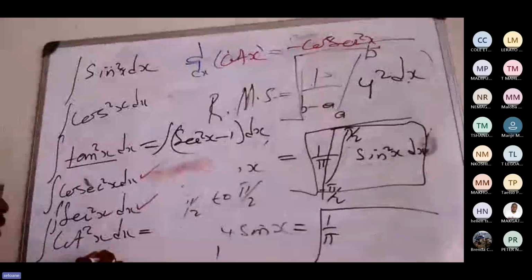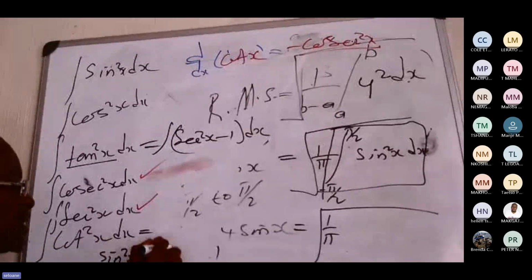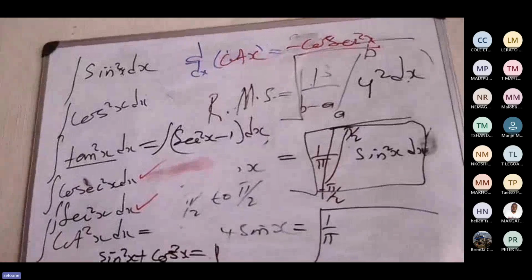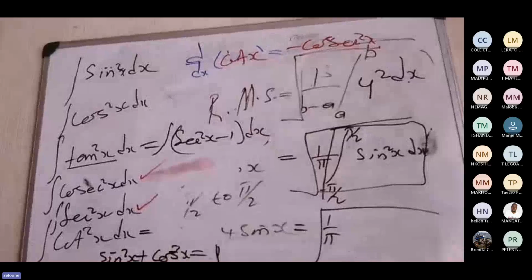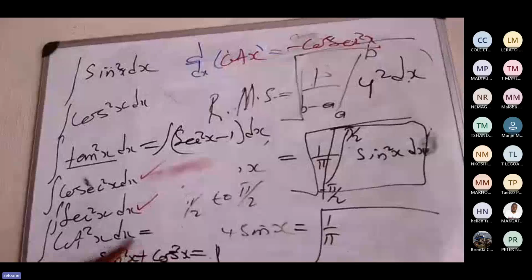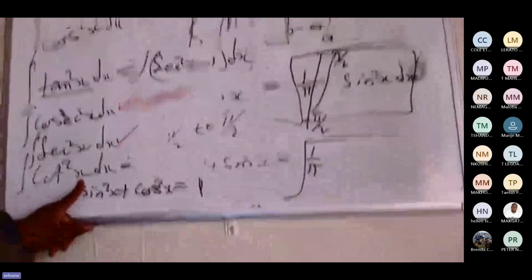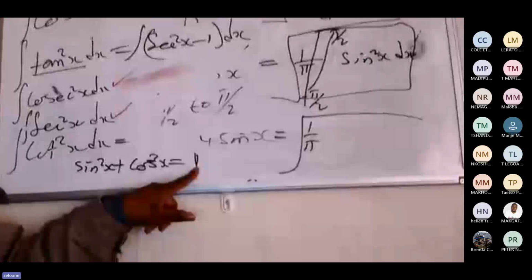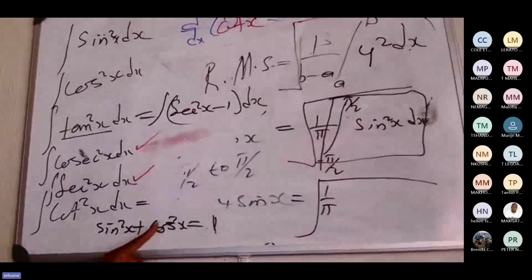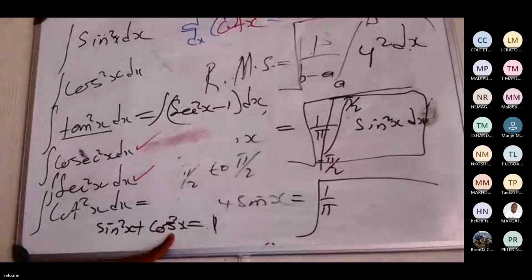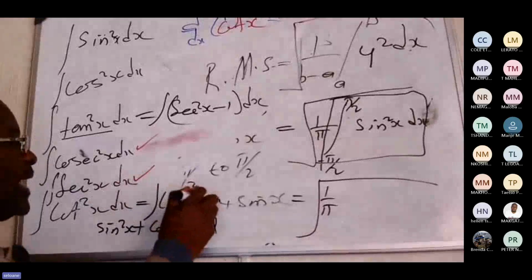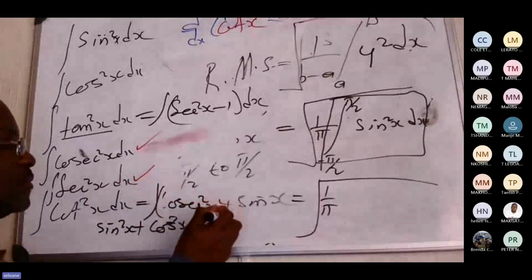But if you come here, sine squared x plus cos squared x equals 1, still divide throughout by sine squared x. 1 divided by sine squared x is cosec squared x, cos squared x divided by sine squared x is cot squared x, and sine squared x divided by sine squared x is 1. Therefore, cot squared x is cosec squared x minus 1.